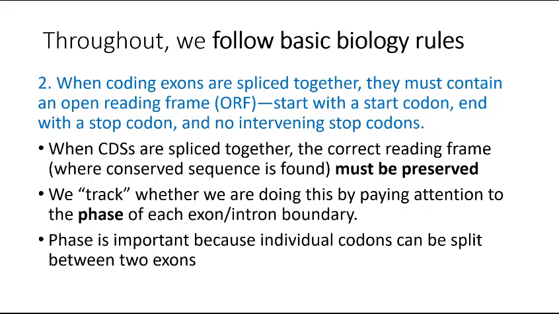And second is that the sequence itself is a conserved sequence. It is encoding a protein that is found in another species. So each CDS has its own particular reading frame that must be used. And when those individual exons are spliced together, the correct reading frame must be maintained. The way that we are going to track this is by paying careful attention to something that we call the phase of an exon-intron boundary.